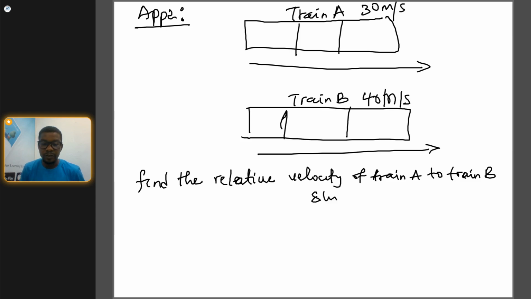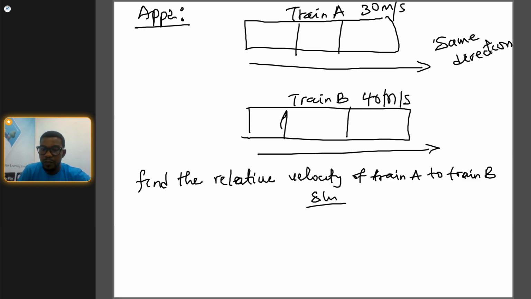So that's the question. We are given train A moving at 30 meters per second and train B moving at 40 meters per second, and we are asked to calculate the relative velocity of train A to train B. Take note, they are both moving in the same direction.